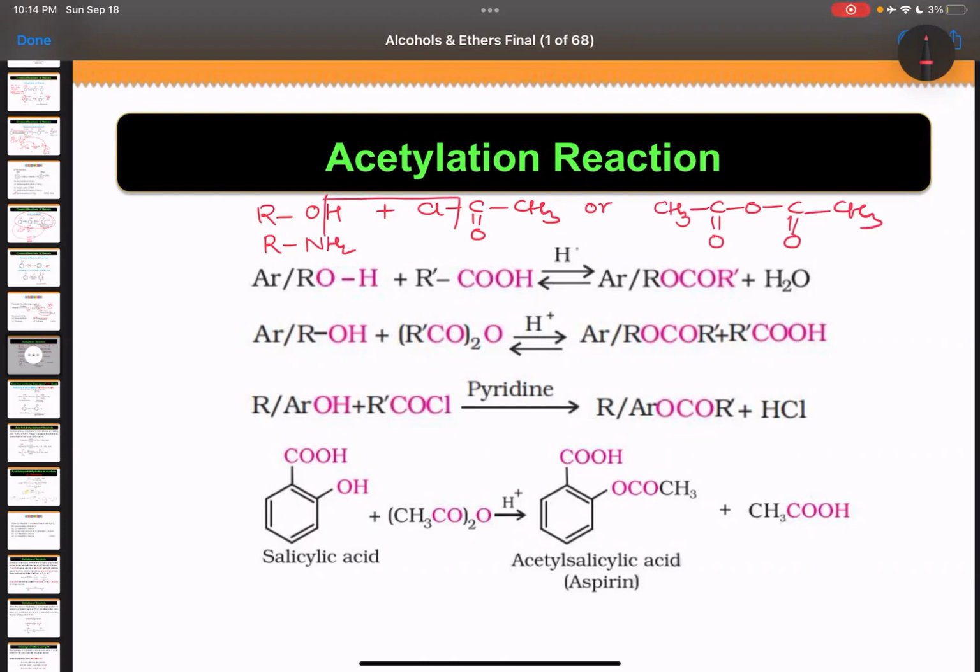So you remove HCl, and this COCH3 group attaches to the position where H is right now.